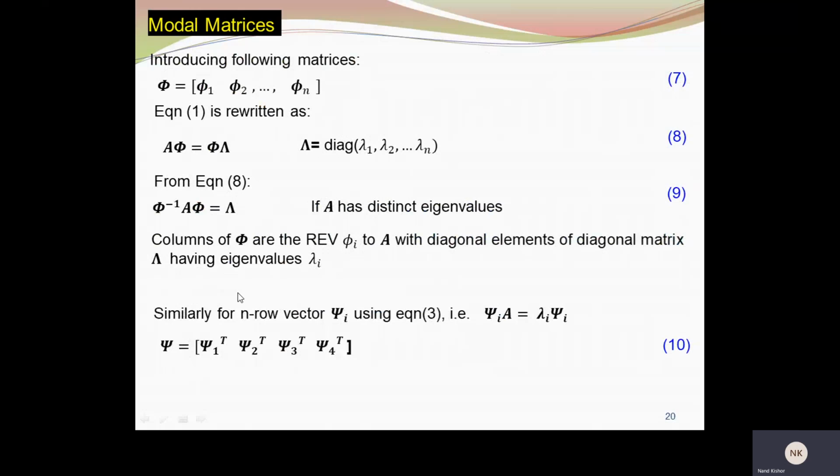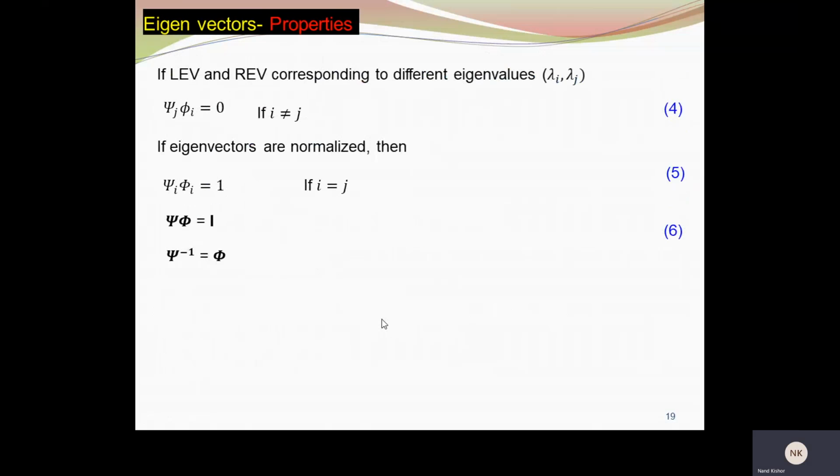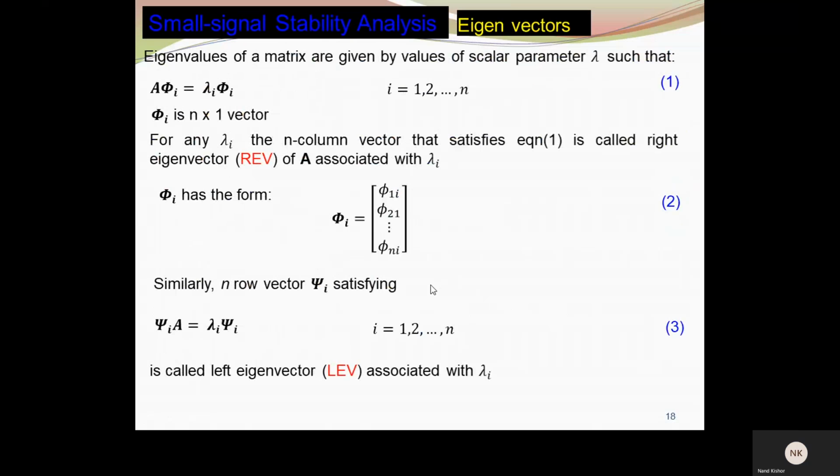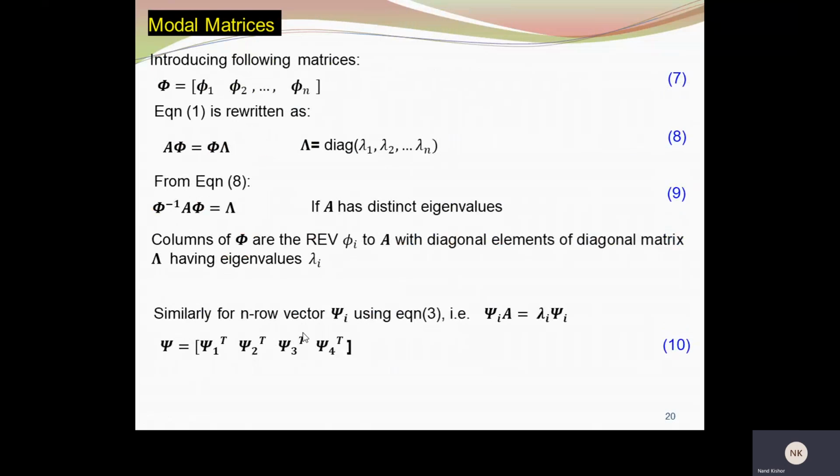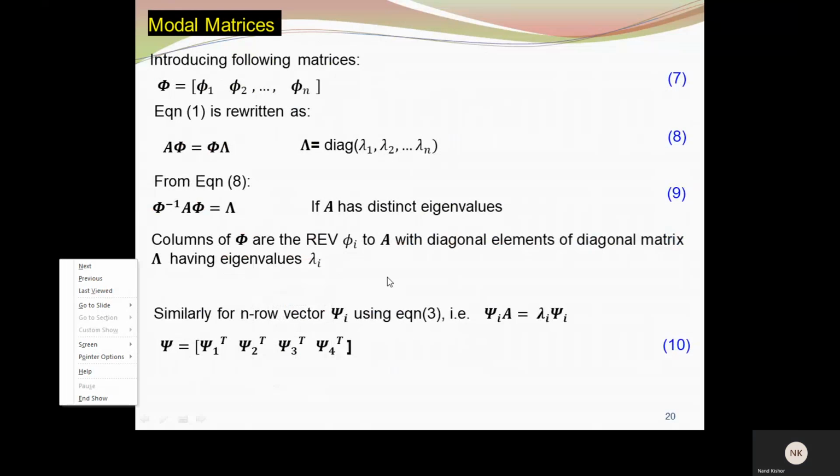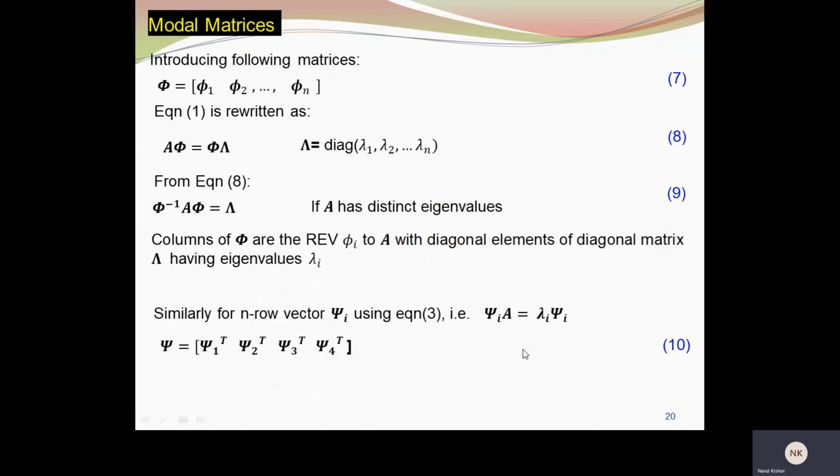Similarly, for the row vectors psi_i, corresponding to the left eigenvectors satisfying equation 3, we have psi equal to psi_1 transpose, psi_2 transpose, and so on, which is given by equation 10.